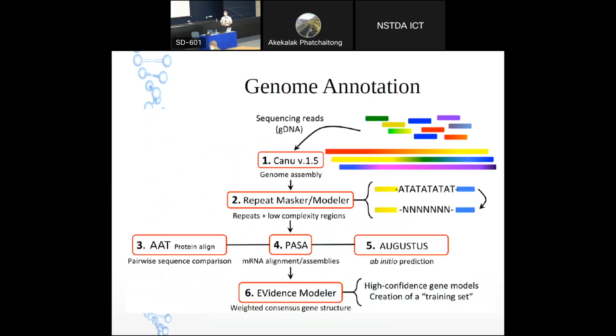Okay, so this is the pipeline. So we've sequenced our genomic DNA. We've assembled all of those reads. And in this example, we're using Canu because we used PacBio. So we have long reads. The next step is to mask all of the repetitive sequence.